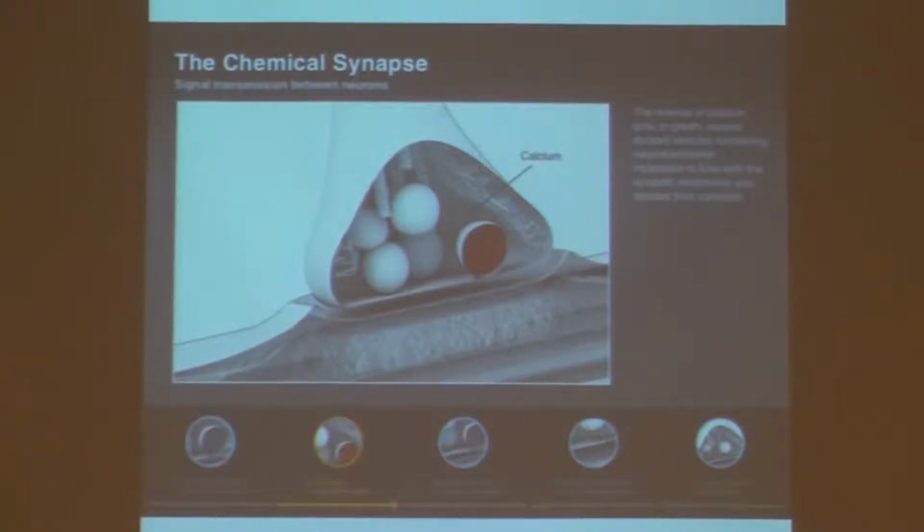The release of calcium ions, in green, causes docked vesicles containing neurotransmitter molecules to fuse with the synaptic membrane and release their contents. So the signal comes, they release calcium ions. The calcium ions is a signal to these vesicles that contain the lipids, that contain inside this red stuff.